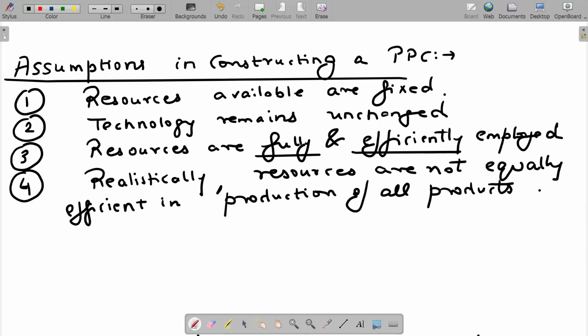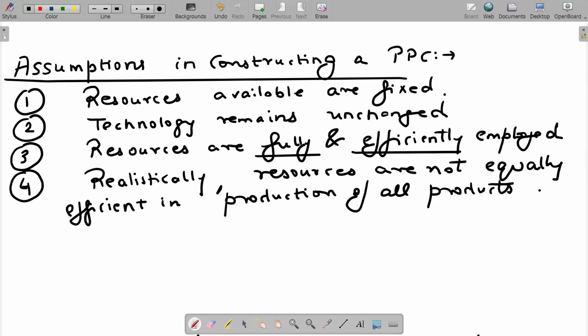And this happens not only with land, labor, capital, but also with human intellectual skills. Someone who is very good in economics may not be that good in a subject like chemistry. So if I am an expert in economics and you give me chemistry questions to solve, I will have to give up a lot of economics questions just to solve one chemistry question because chemistry is not my expertise.